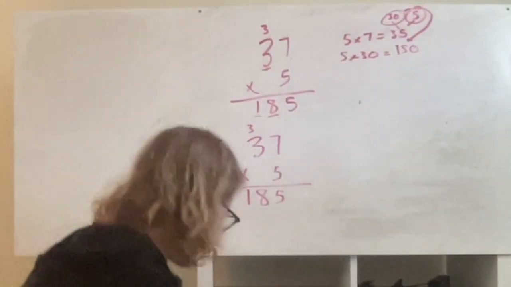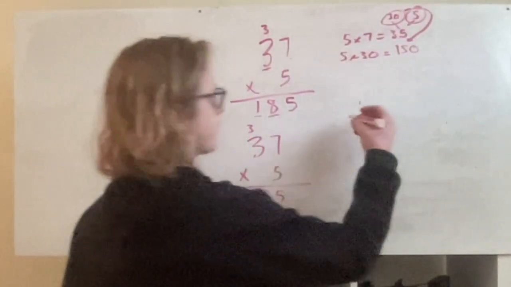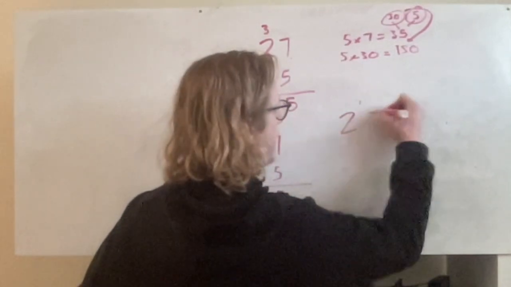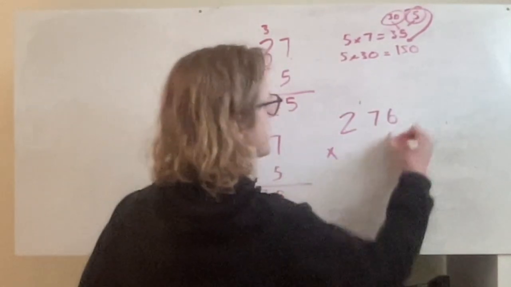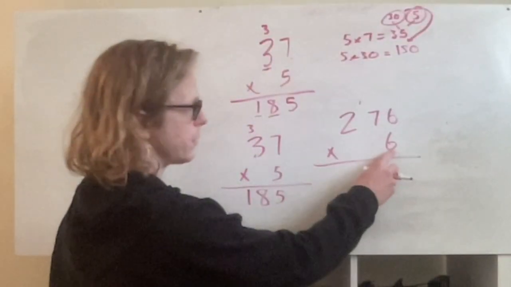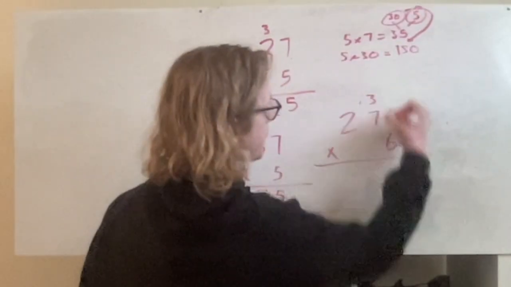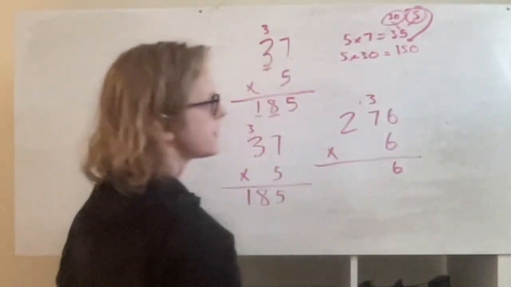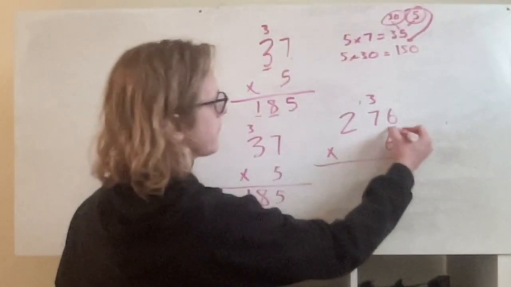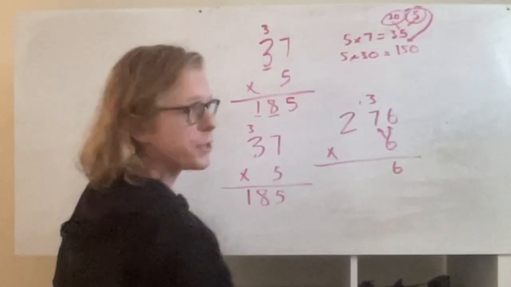Okay, let's go ahead and do a 3-digit number times a 1-digit number. So let's do 276 times 6. I start 6 times 6 gives me 36. Then I do 6 times 7 is 42.